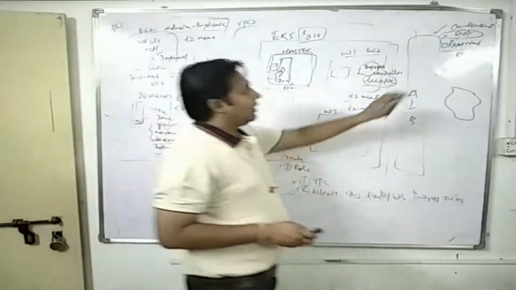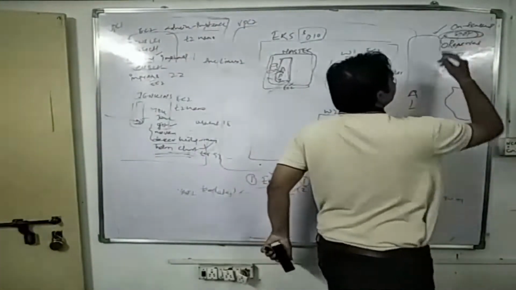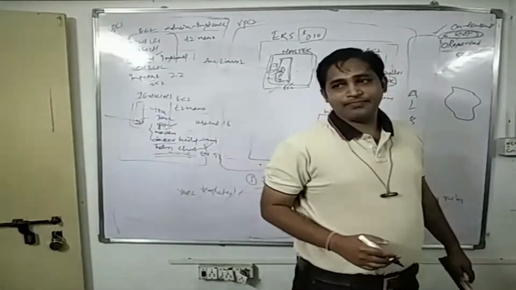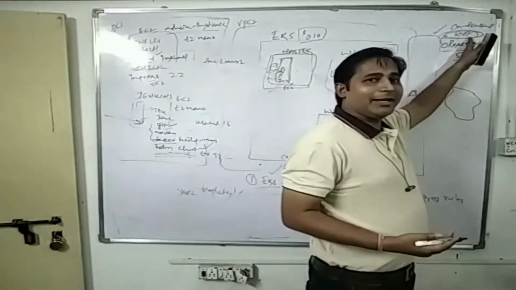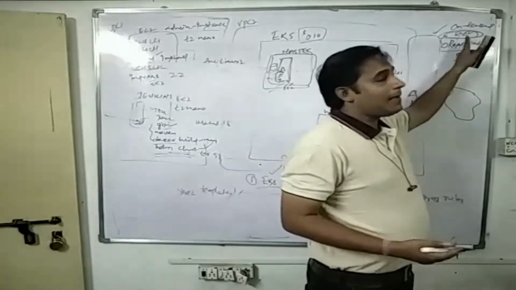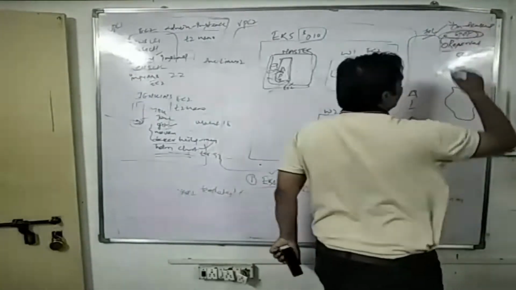So when these guys put it up on auction, you can purchase or temporarily take a spot instance. But the problem with spot instances is they can get terminated at any point of time. But they come at almost 70% lesser cost than on demand.